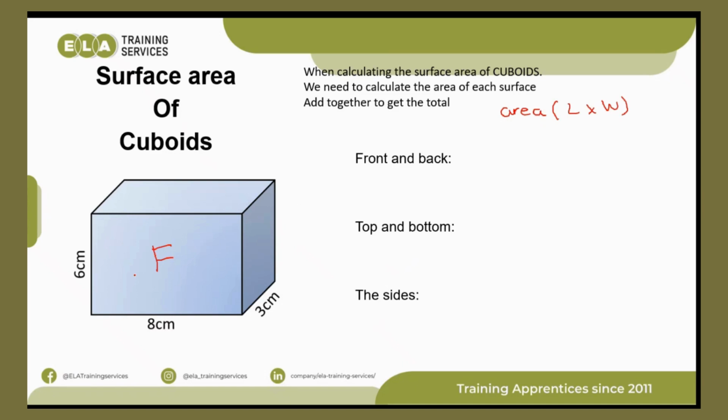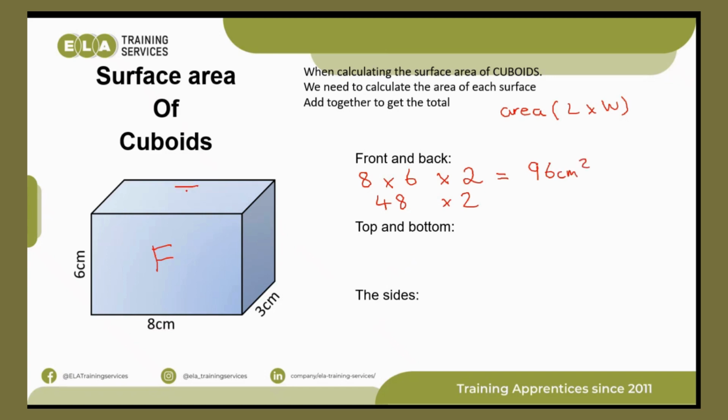So our front length and width would be 8 times 6. Now, because we want the back measurements, the back is exactly the same as the front. So instead of doing this calculation again, we can just times it by 2. So 8 times 6 is 48, times 2 is 96 centimetres squared.